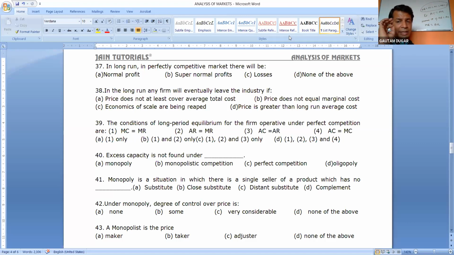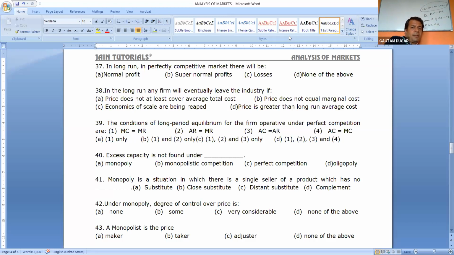All the equalities are there. In the long run, in perfect competition, at the point of equilibrium, everything must be there. That is, it's a point of intersection of all AR, AC, MR, the price, everything.